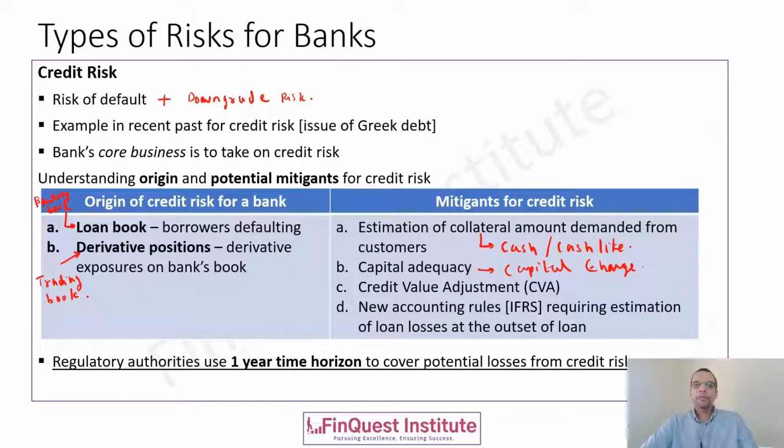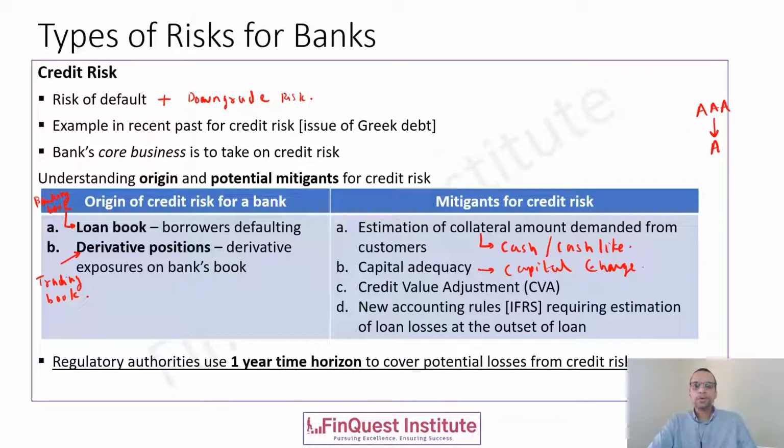Now, from a CVA perspective, we are looking at the potential credit transition risk which I am exposed to. Because whenever the rating of my counterparty drops, that naturally implies that the credit risk I am carrying on my books is rising. Let's say my counterparty at the start of the trade was rated AAA, and 2 years down the line, while the trade is still alive, this rating drops to A. Then the creditworthiness of my counterparty has deteriorated.